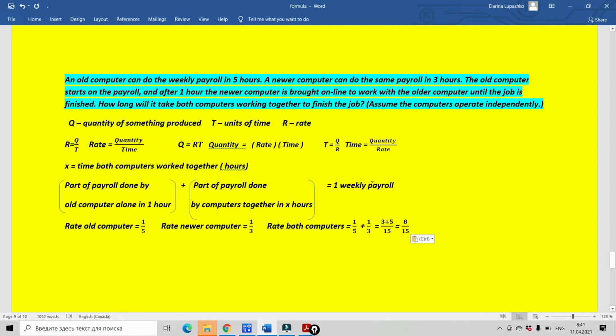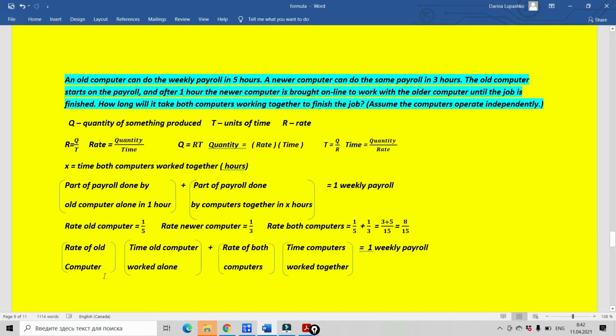So we can write the rate of the old computer times the time it worked alone, plus the rate of both computers multiplied by the time they work together, equals the weekly payroll. So we have 1 divided by 5 multiplied by 1 plus 8 divided by 15 x equals 1.